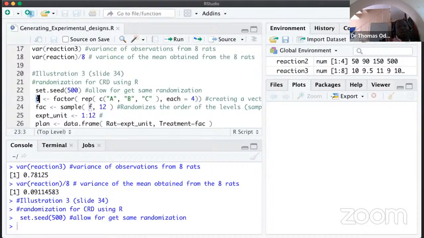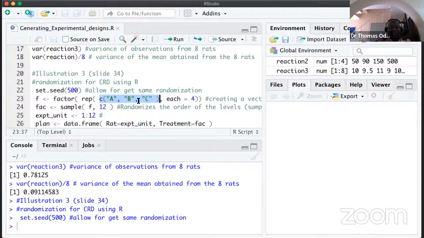And then we are creating an object called F. How is this object created? We first get a vector. This vector has A as the first element, B as the second element, and C as the third element.